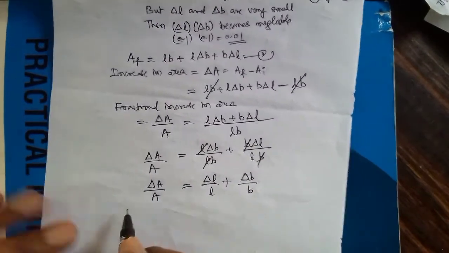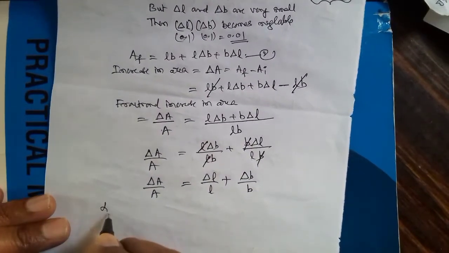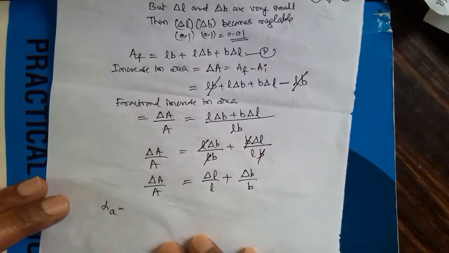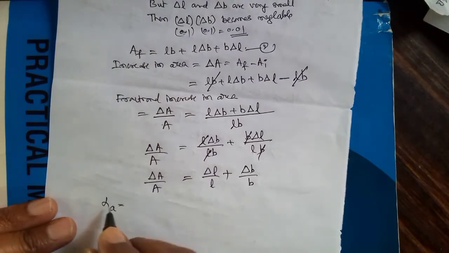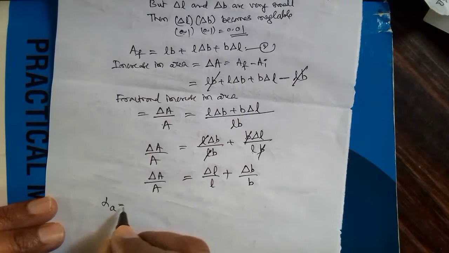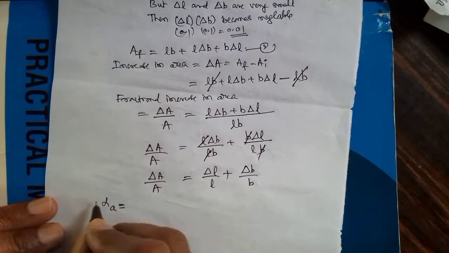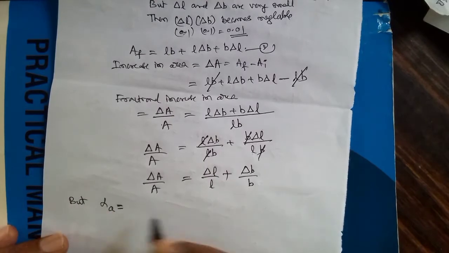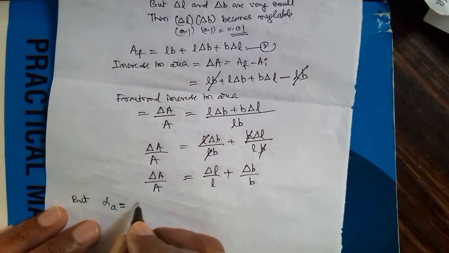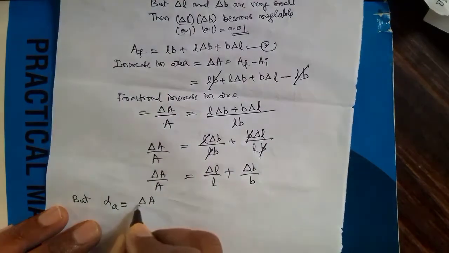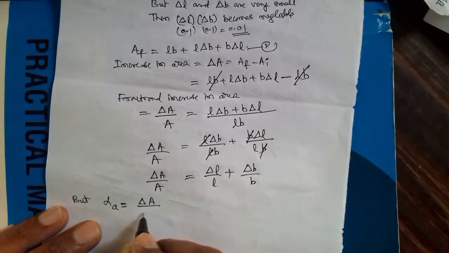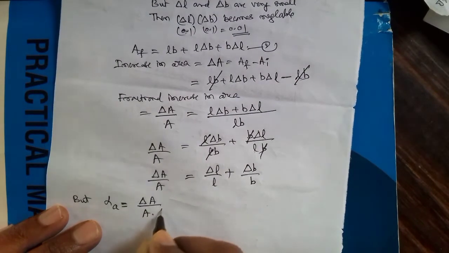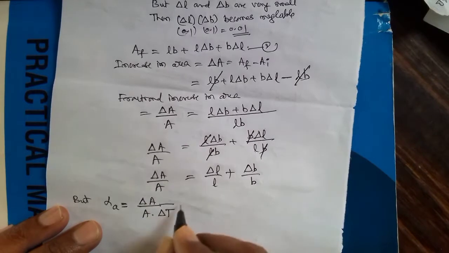Delta A by A. Now, alpha A, coefficient of areal expansion, how is it defined? Alpha A is equal to increase in area by initial area into change in temperature.